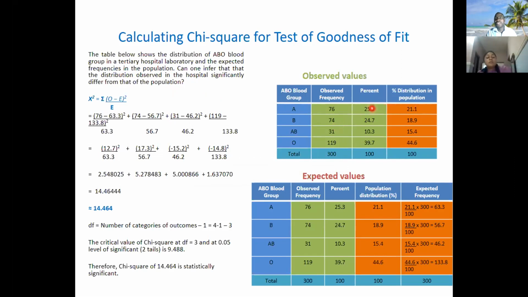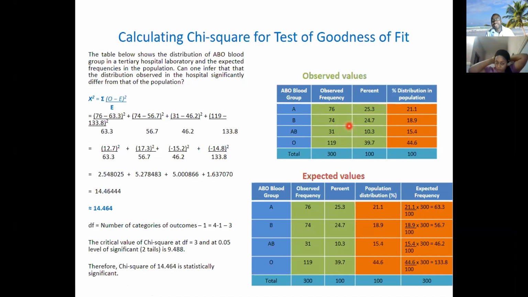So look at the example now, very clear. Look at the table. The observed frequency for A is 76, B is 74, AB is 31, then the other 119. This is not percentage, rather the observed frequency, because there are 300 of them. Out of these 300, these are the distribution of the different categories.